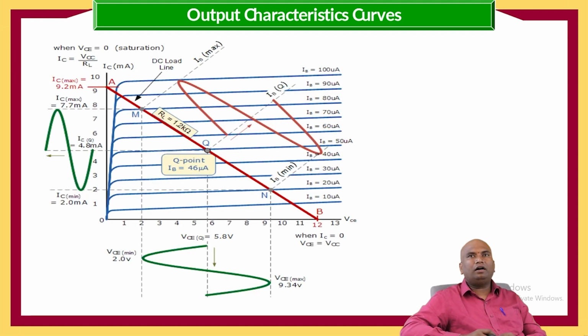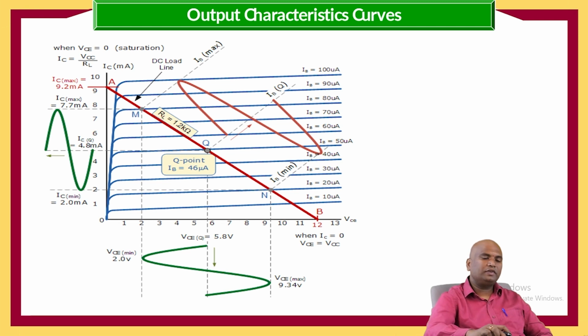And this is the output characteristics which we are going to get. Here, this is the operating point, that is the Q point, where the IB value, the base current value, is 46 microamperes, the VCE value is 5.8 volts and the IC value is 4.8 milliamperes.